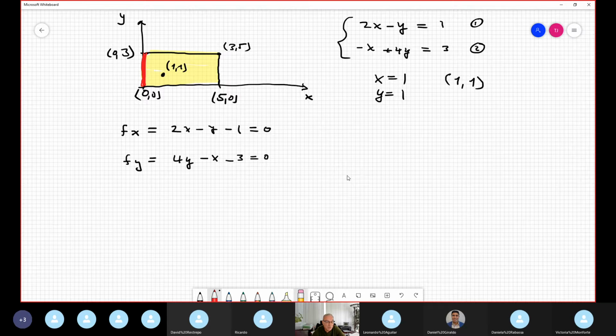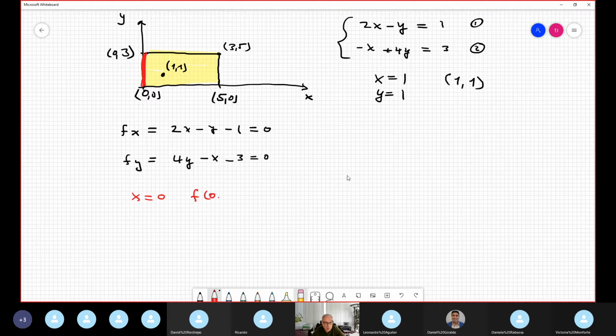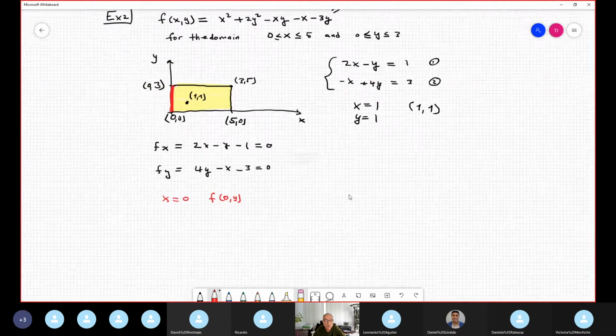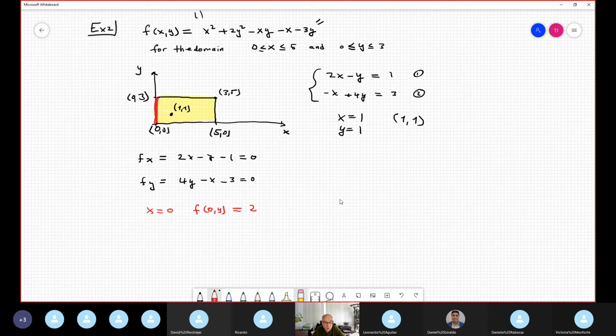Suppose x equals 0. Suppose that we navigate on the y-axis, which is x equals 0. Then you substitute into the original function x equals 0. Then we have only 2y squared minus 3y, no? The other terms are 0 because my assumption is that x is 0.